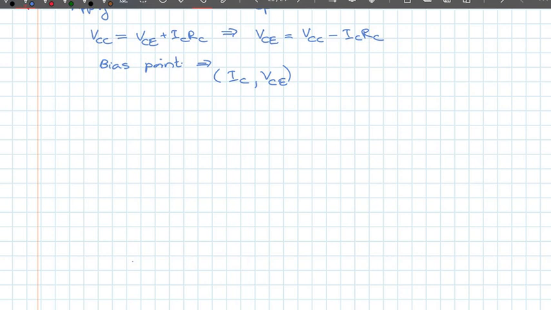Now what happens when we apply a small AC signal also?